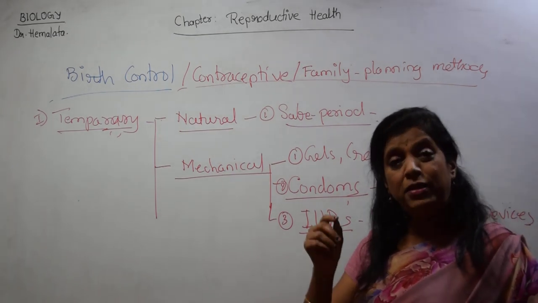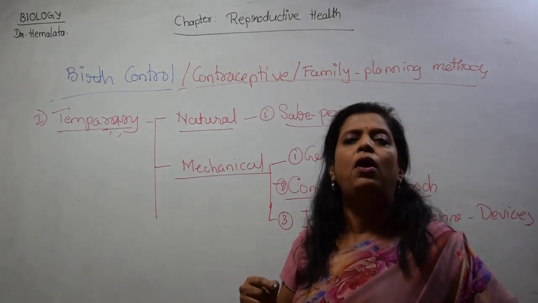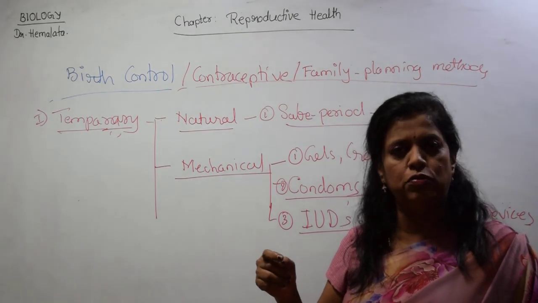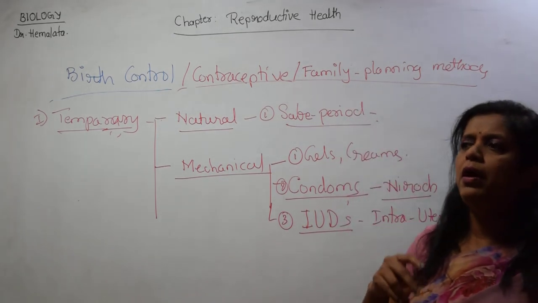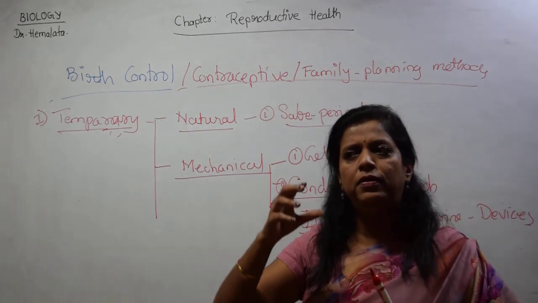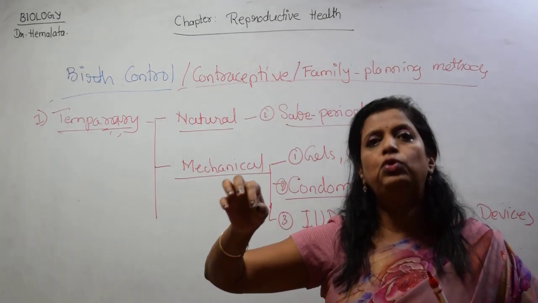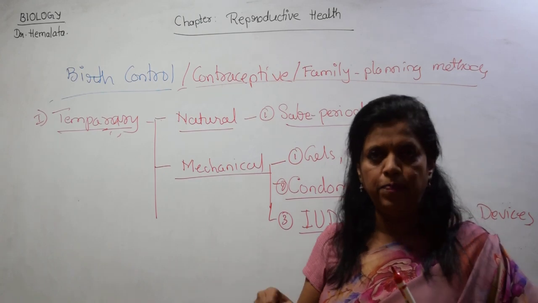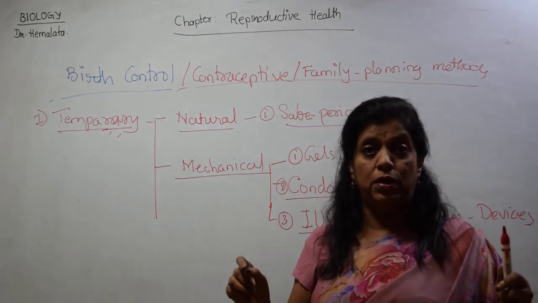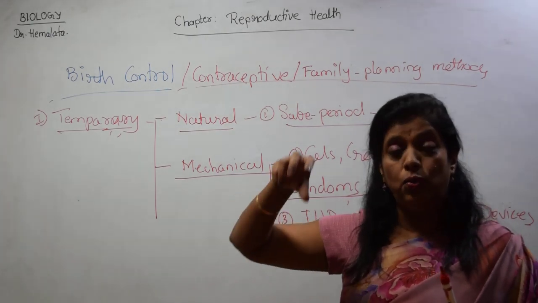These are certain instruments which are normally made of metallic pieces, or sometimes nowadays plastic is also used, but mainly metallic pieces. They will be inserted into the female uterine area near the cervix, next to the endometrium area, so that the egg will not undergo implantation after fertilization.